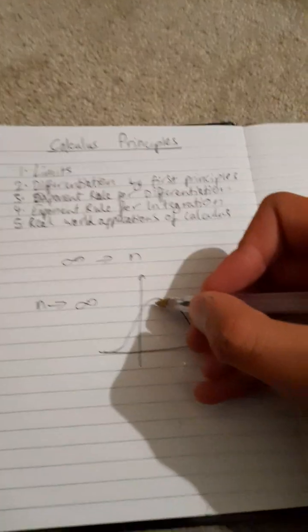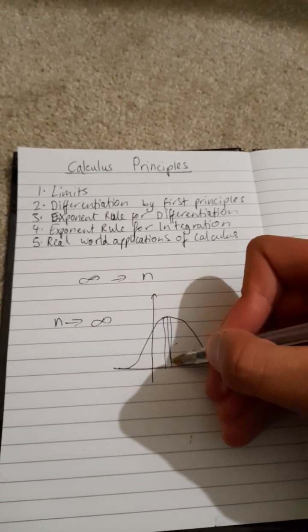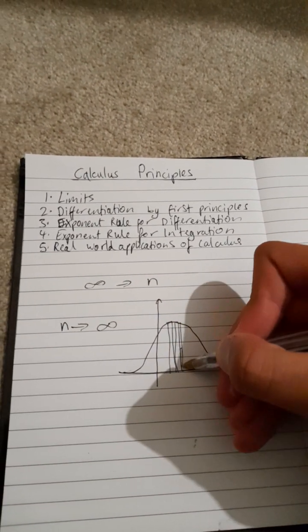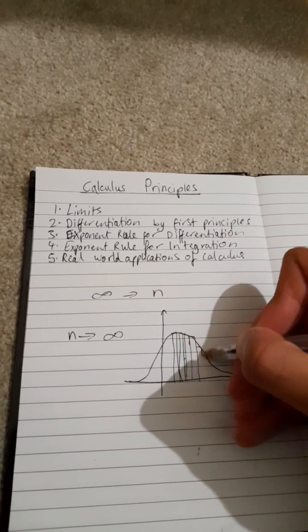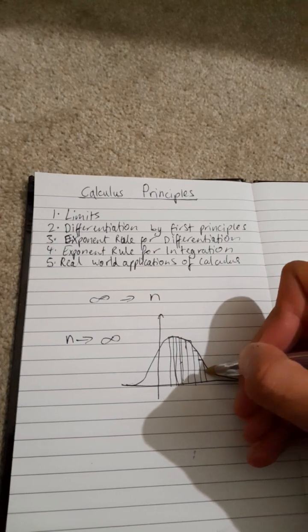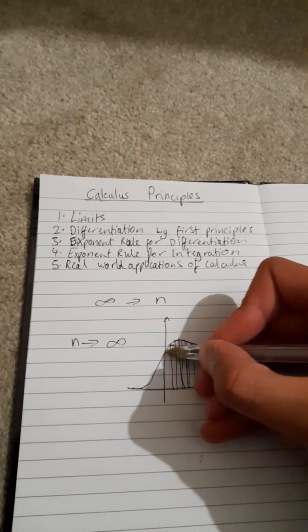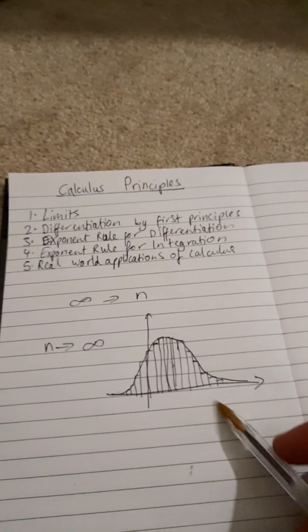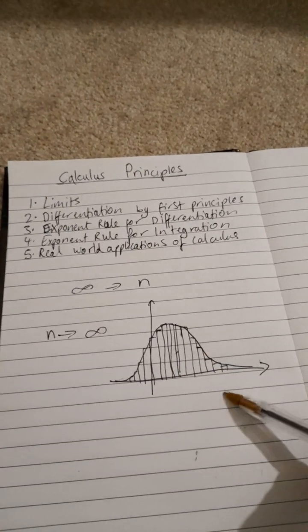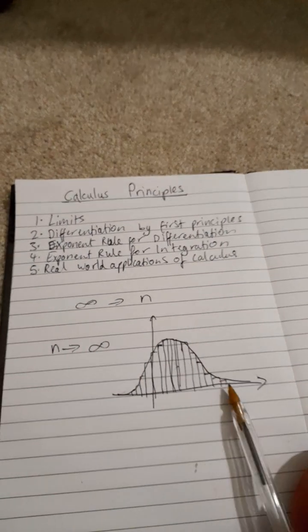Now normally in Key Stage 4, or Key Stage 3 even, we put bars under the graph, like that. We draw these bars and work out the area of these bars, and we add that all together to get the area under this graph.